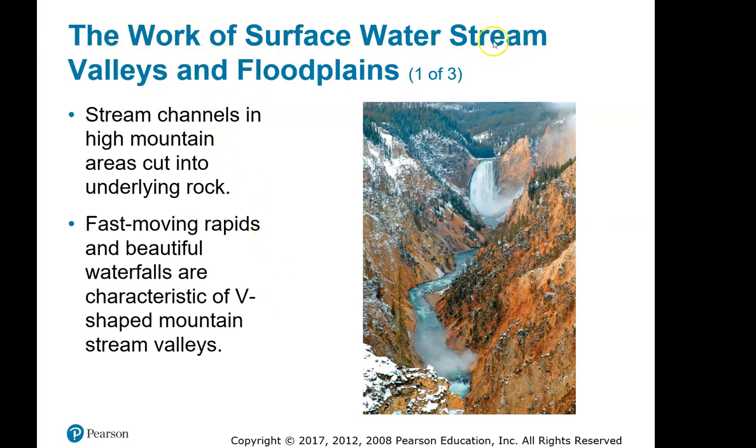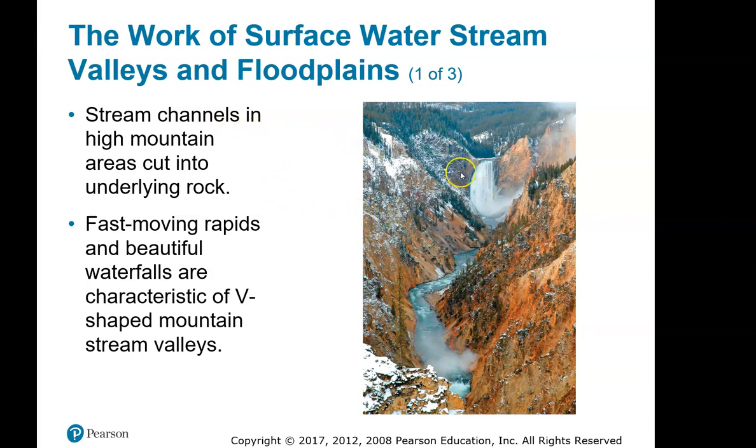The work of the water: streams, valleys and floodplains. One of the great examples of water changing the surface, this is not a picture of it, would be the Grand Canyon, right?